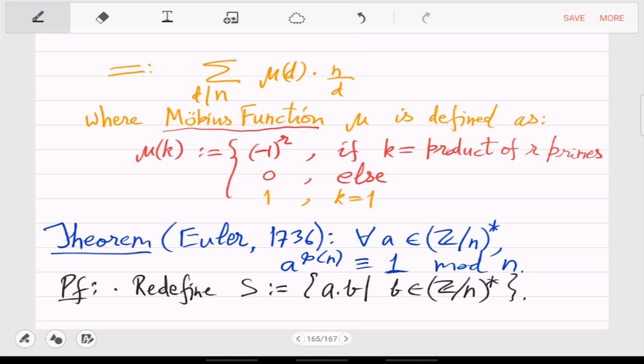And of course, we are only interested in Z slash n, so when you multiply by a, you also reduce mod n, right? We are working in modular arithmetic. So ultimately, everything is between 0, 1, dot dot, n minus 1. Okay, and then what did we do in the old proof?